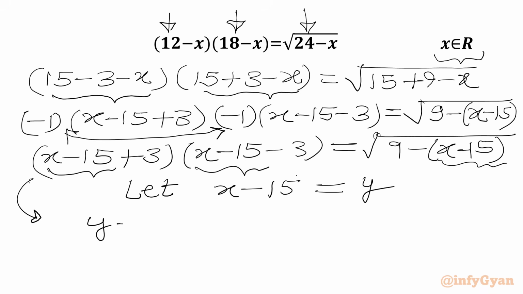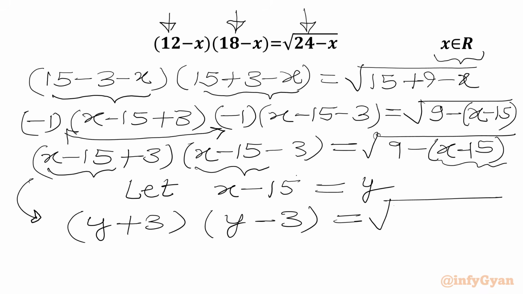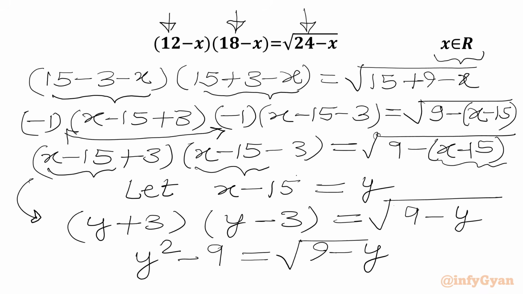Equation will be y plus 3 times y minus 3 equal to square root of 9 minus y. A plus b times a minus b is a square minus b square. So LHS will be y square minus 3 square, which is 9, equal to square root of 9 minus y.